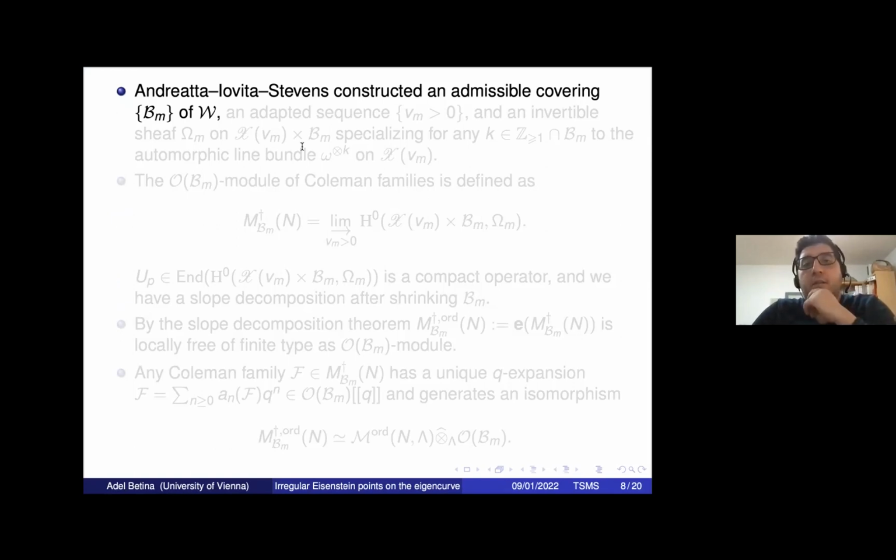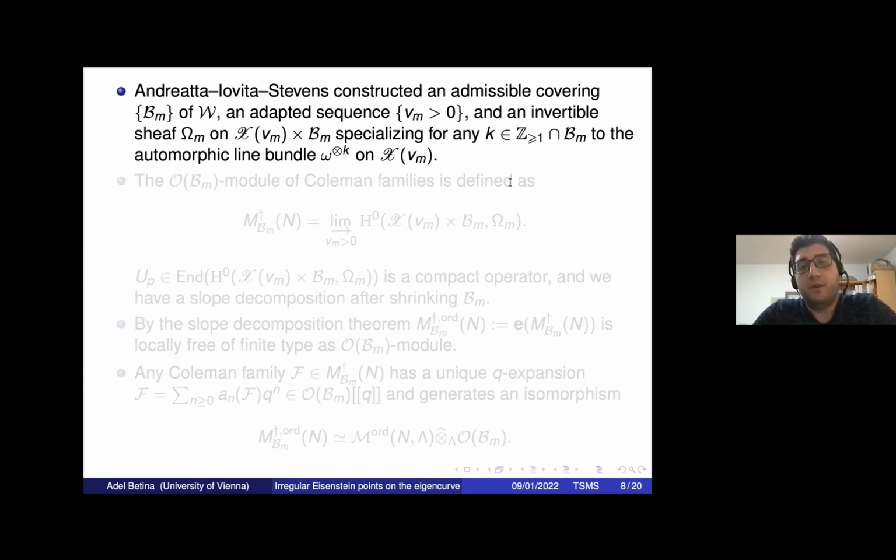They constructed an admissible covering of the weight space, and a sequence here of neighborhoods of the ordinary locus, and an invertible line bundle on this product here. And the main property is the following. If you take any classical weight here, and you take the specialization of your line bundle along the classical weight, you will get a line bundle here, which is exactly omega^k.